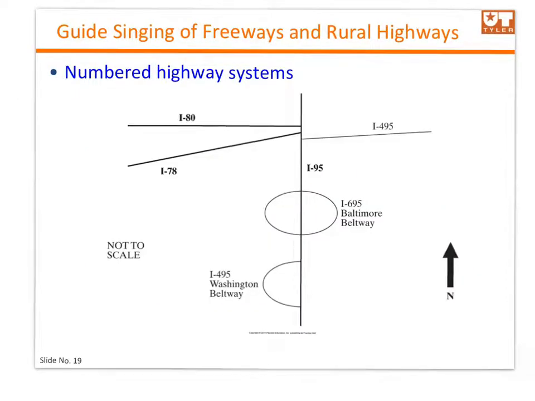Here is an example of different types of routes. So we can have I-80, since again this is considered to be an east-west route, so it has to be 2 digits and it's in tens. So I-80, and we have this one here, I-95.